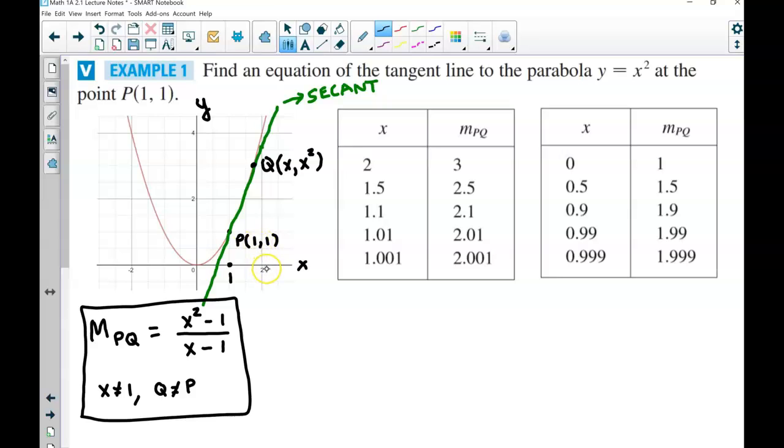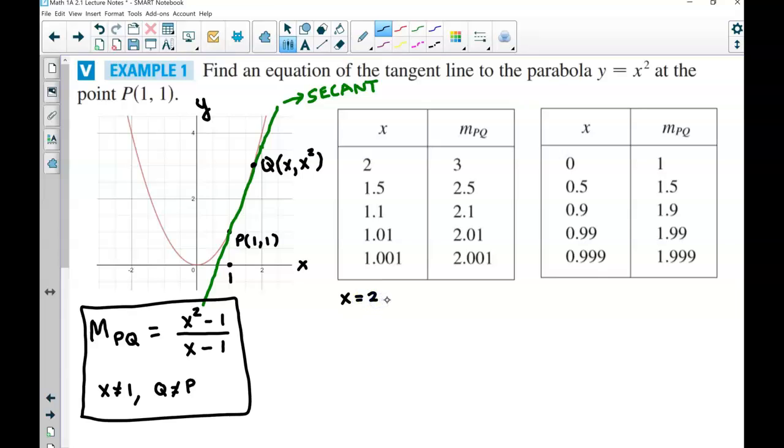So if we take the value of 2 and use that as our first point of x, let's go ahead and do that. We're going to let x equal 2.